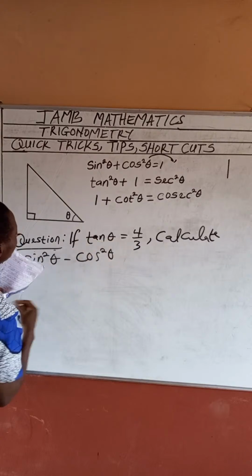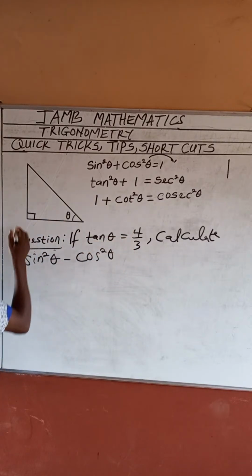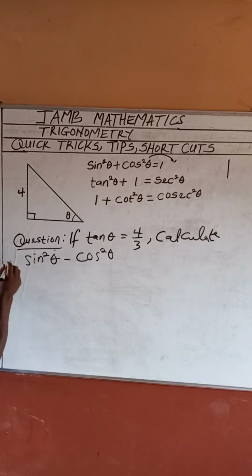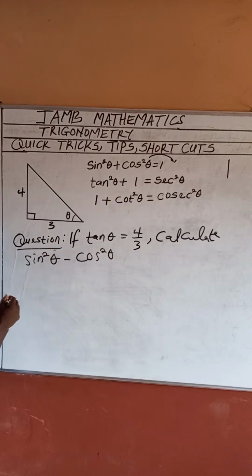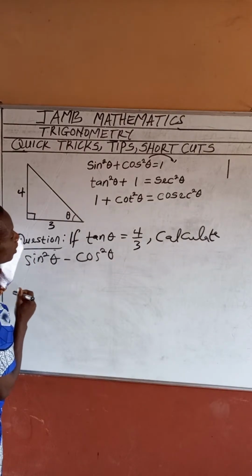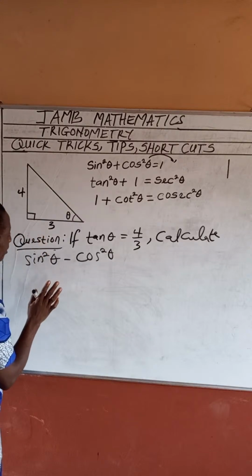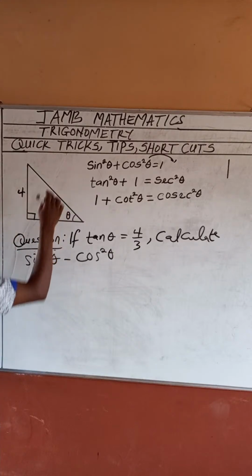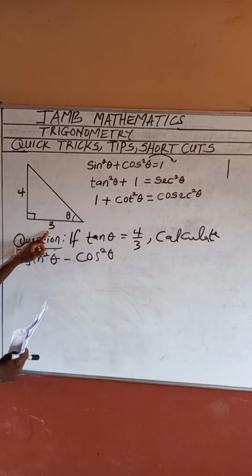This is tan theta. This is theta. Opposite over adjacent. So this is the side opposite to theta, and the side adjacent is this side. So this is what we are going to use here. Now, the question is, what is going to be here? This opposite over adjacent is already here, which is tan theta. So you're going to square this, then square this, then add this.